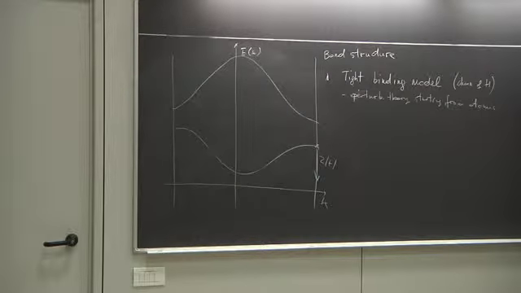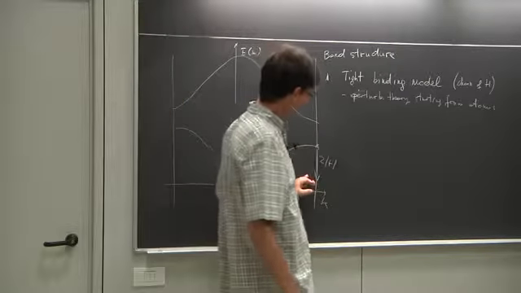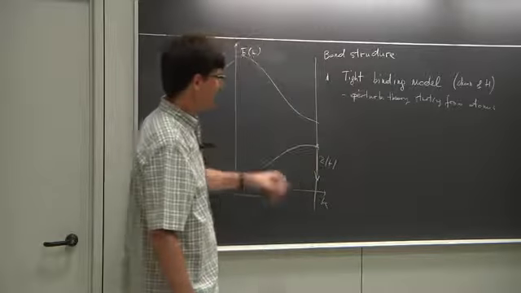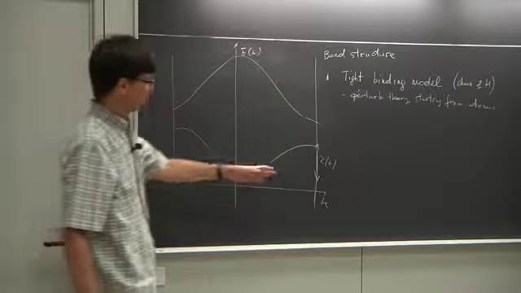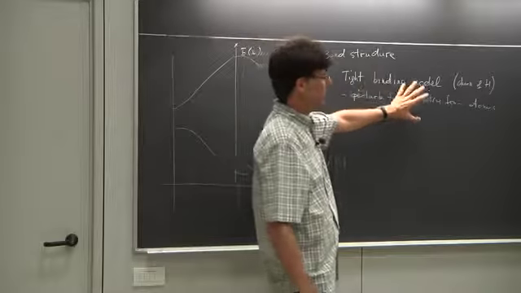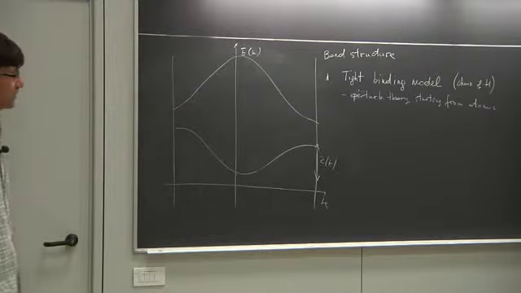Was it 2T or 4T? 2T, the total width, yeah. So the width of this band must typically be small. If it's too large, then the overall model may not be applicable any longer, because you may be far from perturbation theory, essentially.